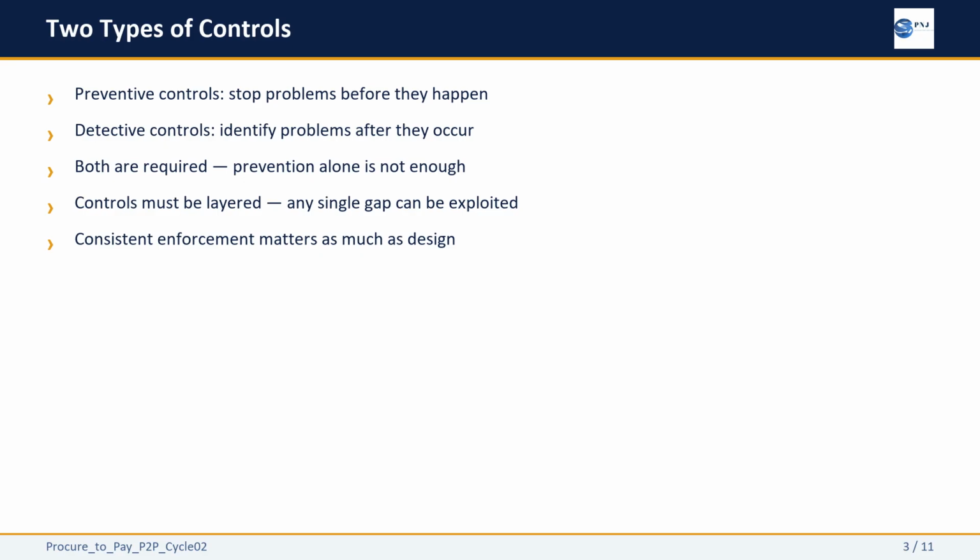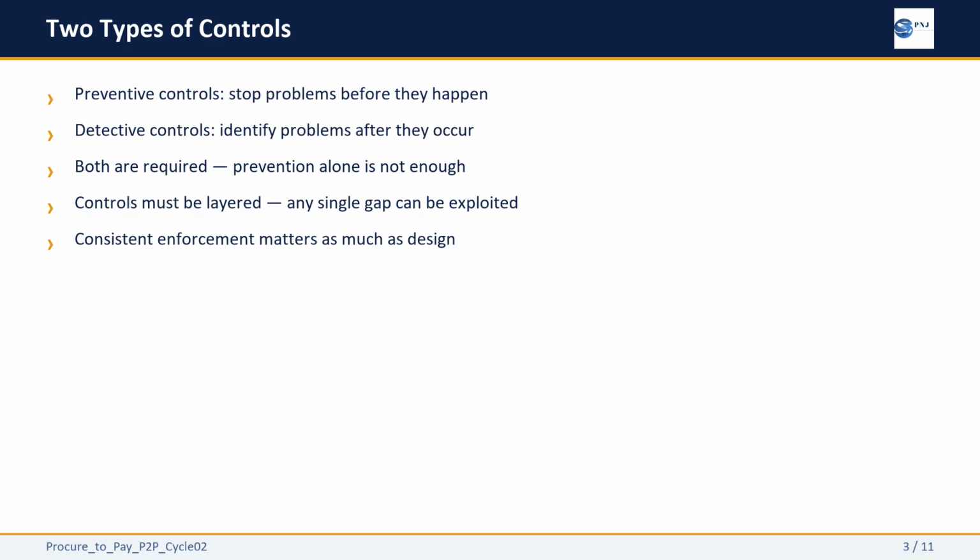The P2P cycle requires 2 distinct types of controls, and neither one is sufficient on its own. Preventive controls are the gates. They stop unauthorized spend, unverified vendors, and unmatched invoices from proceeding. Detective controls are the searchlights. They find problems that slip through the gates. You need both.